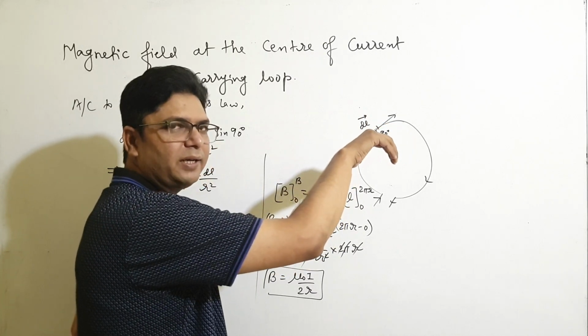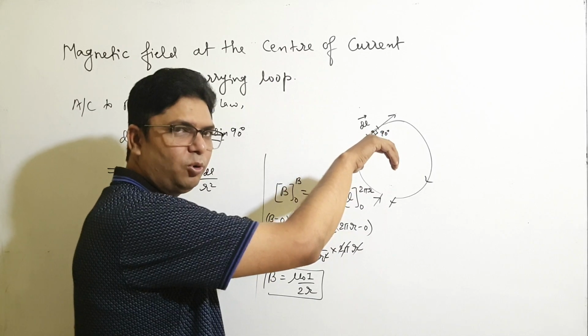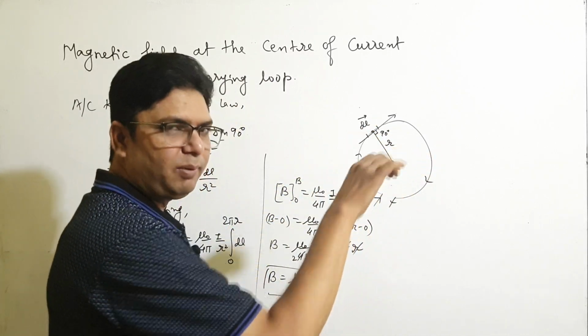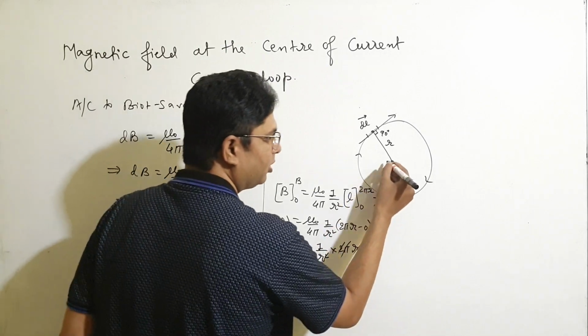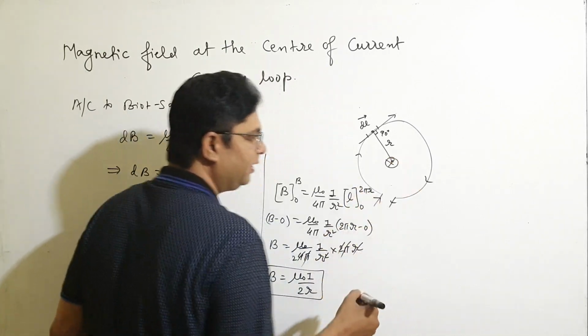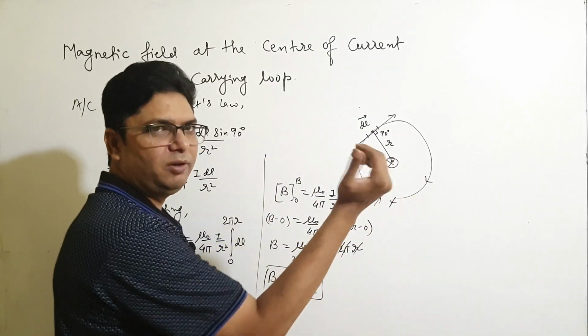This means that the magnetic field is perpendicular to the plane of the board. So when the magnetic field is inward, we indicate it with a cross sign. So give here a cross sign. This means that the magnetic field is inward. When you have the magnetic field outward, then you give a dot sign.